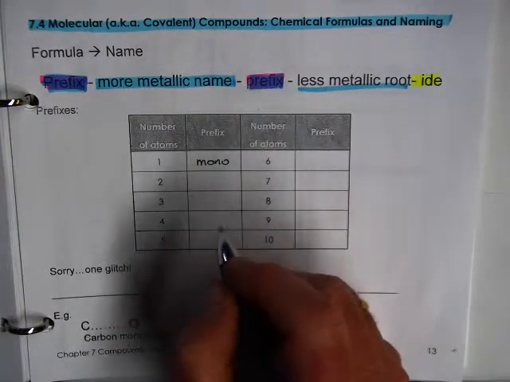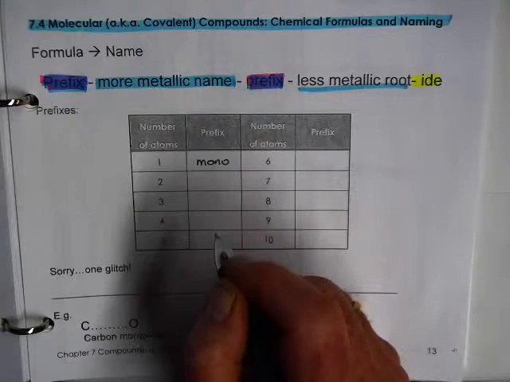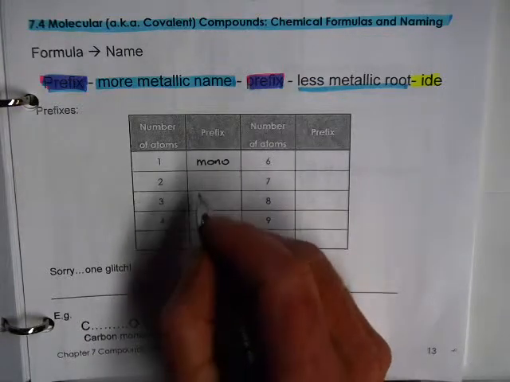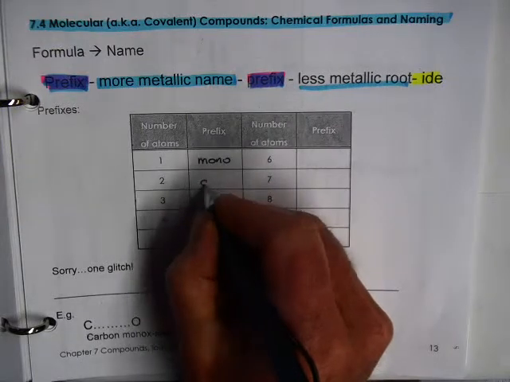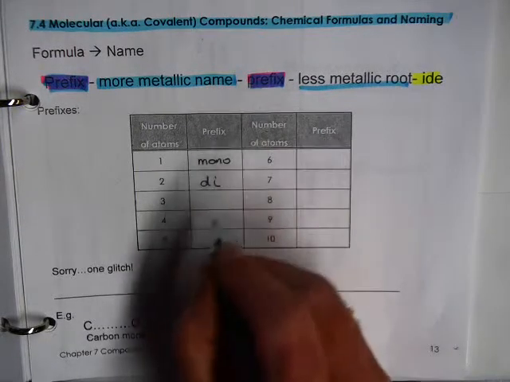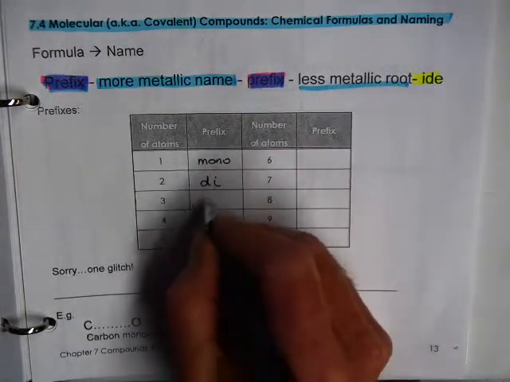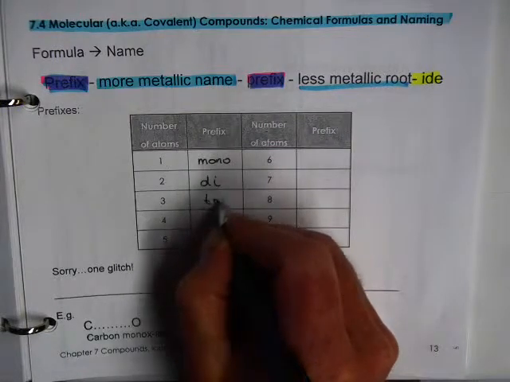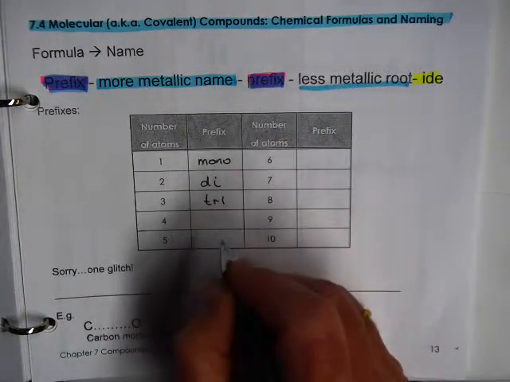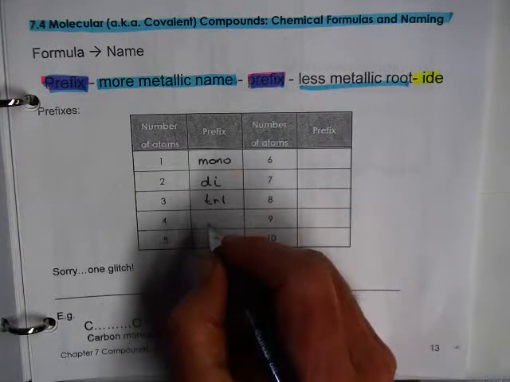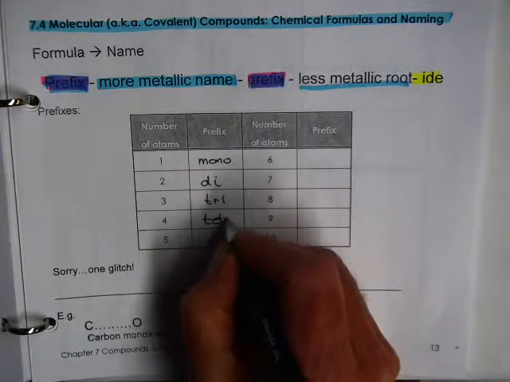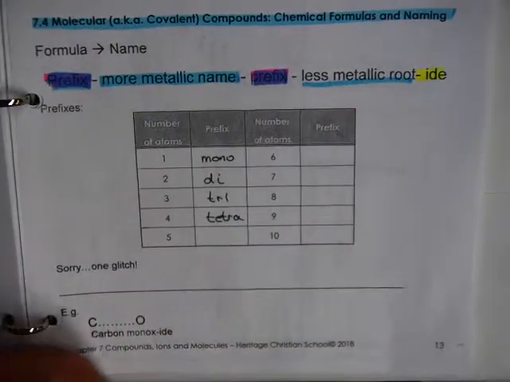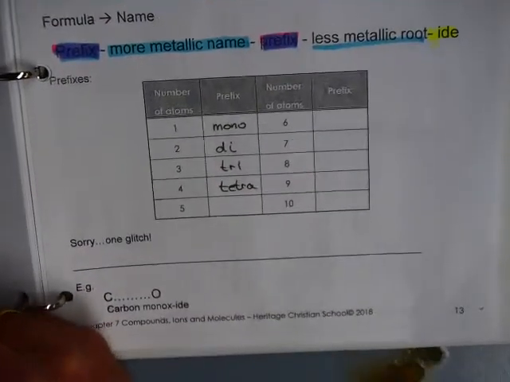Mono, like mononucleosis. Mono means 1. 2 atoms is di. 3 atoms is tri. If it's 4, this is where I think it's Greek. Tetra. I think these are based in Greek words. Tetra.